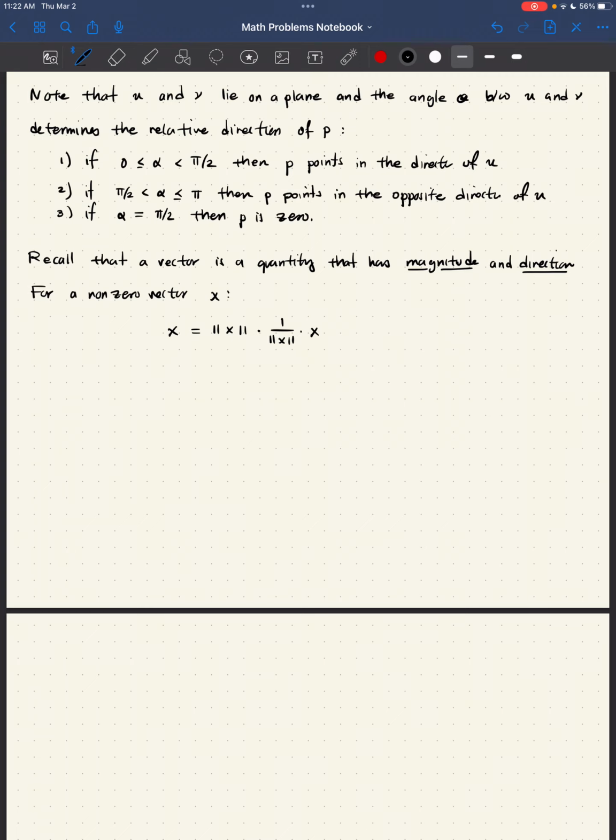Let me put parentheses here to signify each of the elements: the first one is the magnitude, while this one, which is a unit vector, codifies the direction.